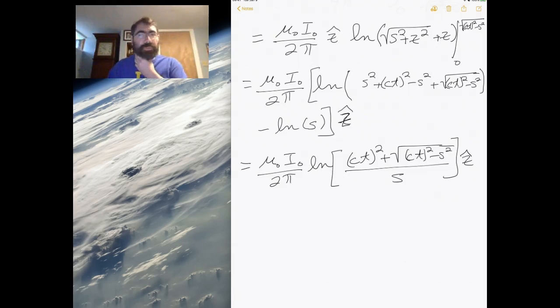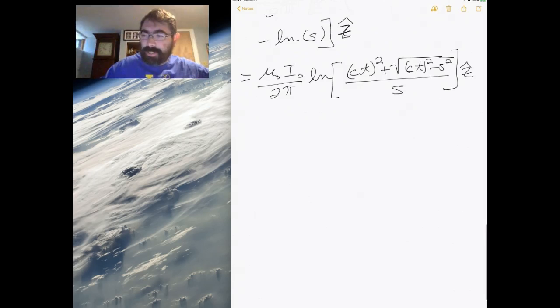Okay, so now we know the magnetic potential. We can plug it into our equations, and what we get is E, the electric field, is minus the change of the magnetic potential with respect to time.